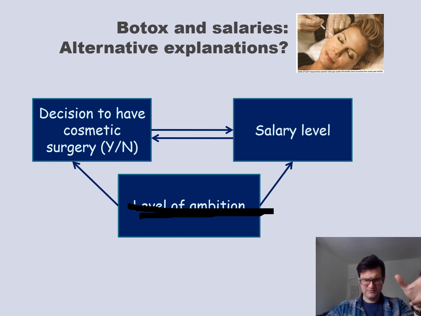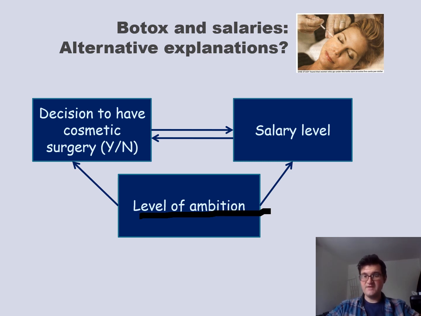It's what's sometimes called, and we'll talk about this in more detail in a few minutes, a spurious or spurious, people pronounce it both ways, correlation, in that spurious just means that it's not real. It's only apparent. So if we measure these two things, they will be correlated positively. But there may be a third variable, in this case, just as a hypothetical example, level of ambition, that causes both.